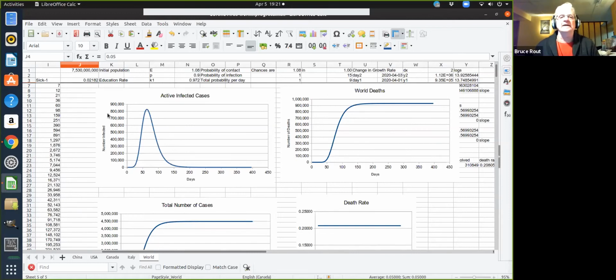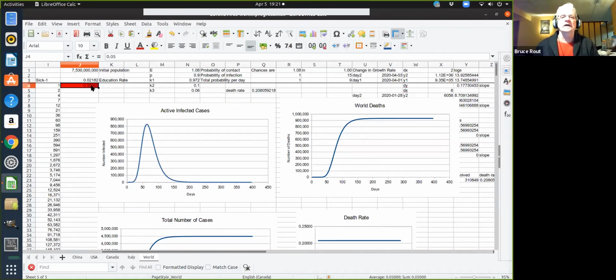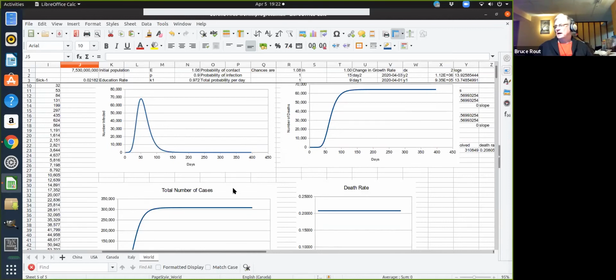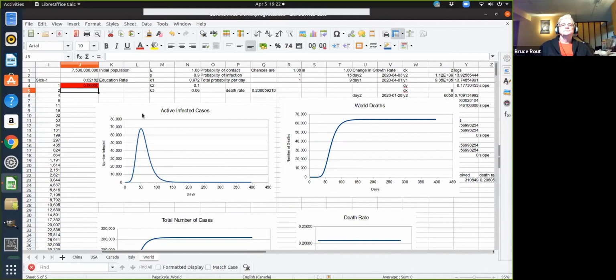If we go beyond that to where Italy was, which was at 6%, 0.06. Italy showed this could be done. We've now pretty well killed it. Okay, this thing could be over very quickly if we can get that to cut down.